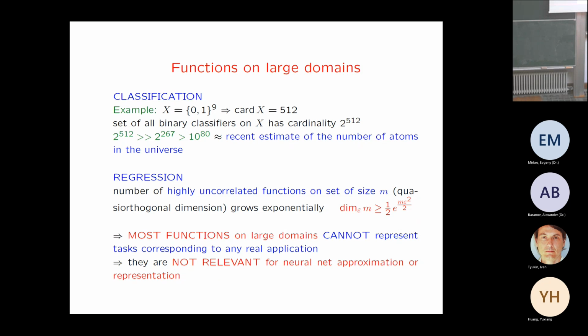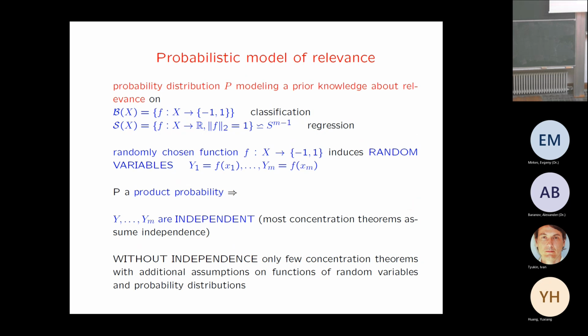And similarly, in the case of not classification but regression, again, as I said, there is this exponentially increasing number of highly uncorrelated, basically nearly orthogonal functions. So basically, we are not really interested in some kind of universality properties. We don't want networks that deal with all of them. Instead, we would like to focus on those that are relevant.